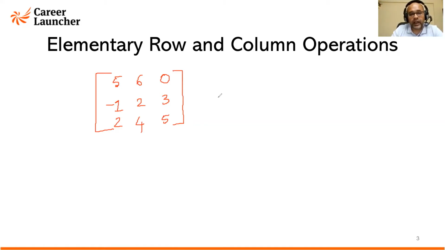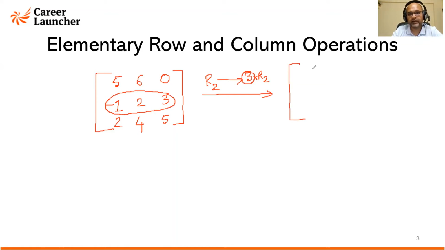Now, I can take row number 2 and write it as 3 times row number 2, which means this entire row will get multiplied by the number 3.